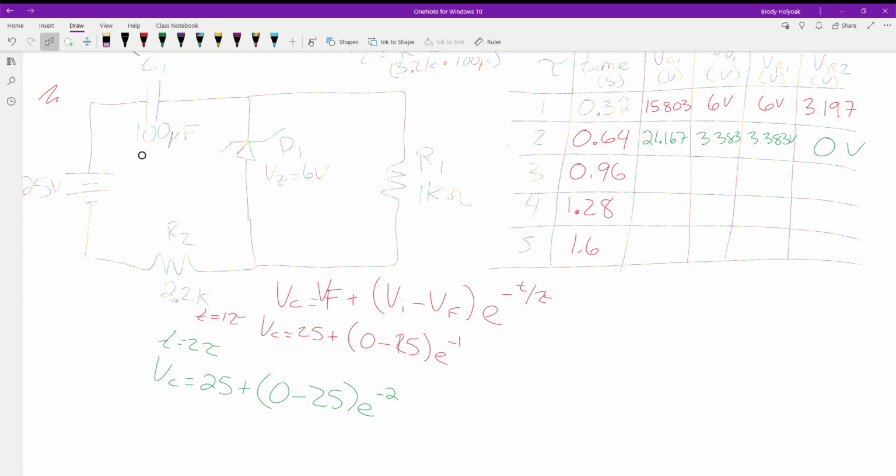Okay, now we want to go to 3. So at 3 tau, it's going to be the same equation, only to the negative third power. Okay, what is our capacitor voltage?